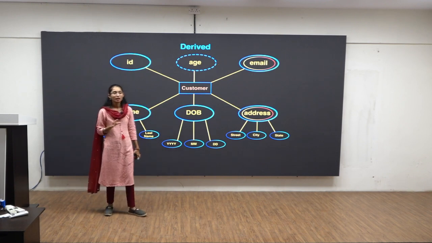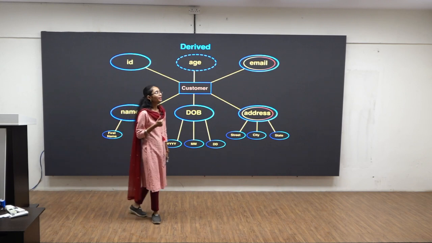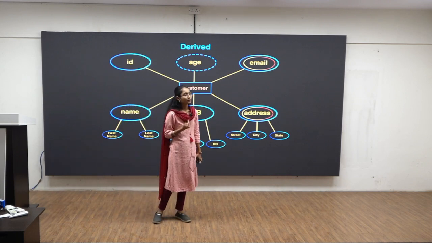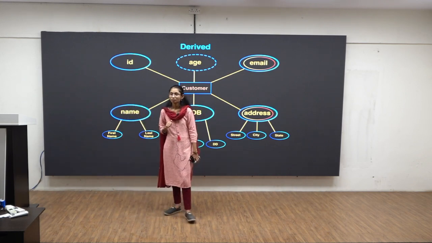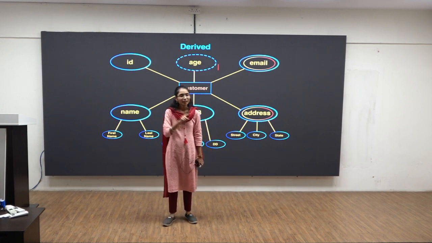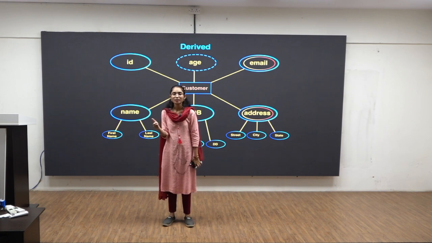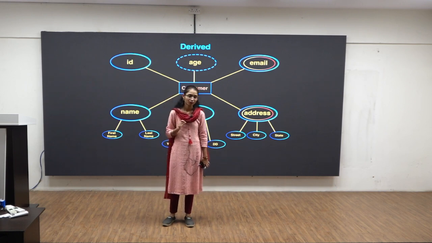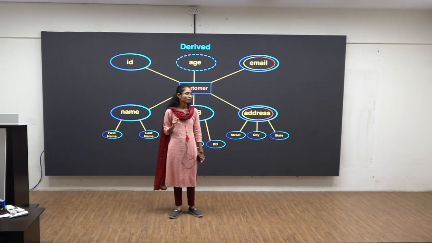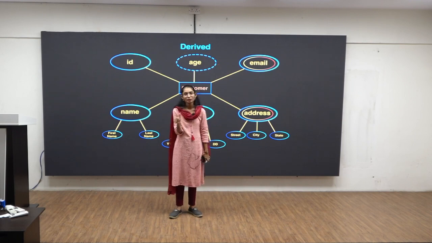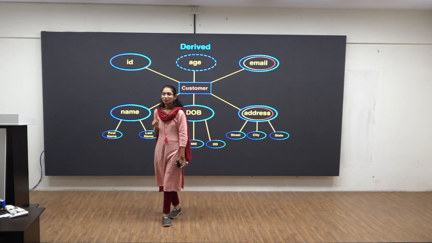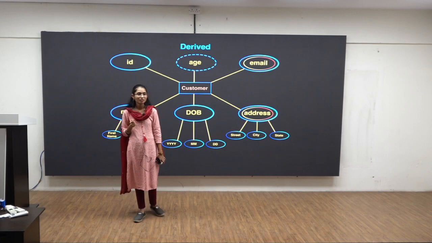Like this, if I tell you an employee's date of joining, can you tell the experience? In date of joining and experience, which is the derived attribute? Experience. If I tell you the marks, can you tell the result?